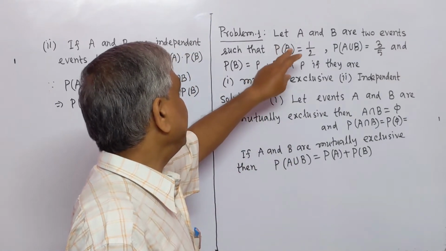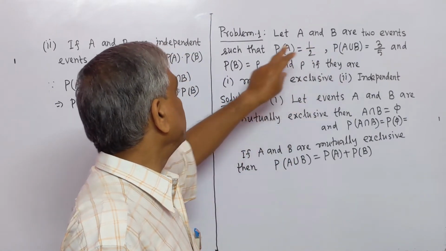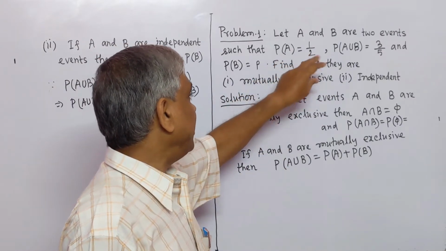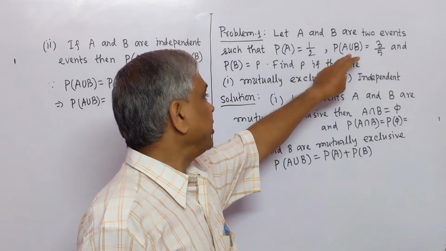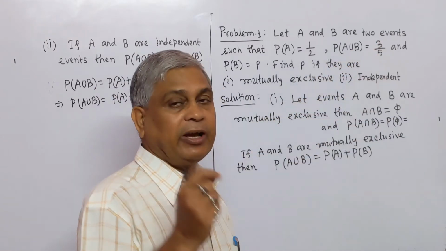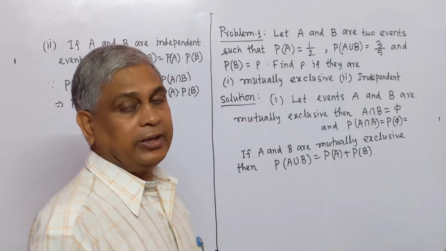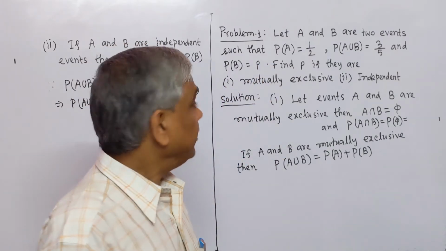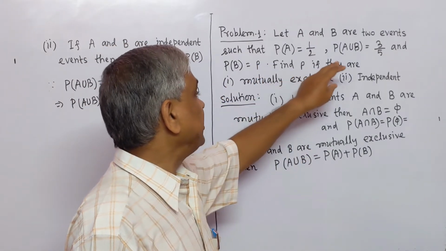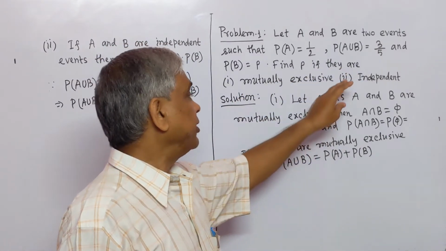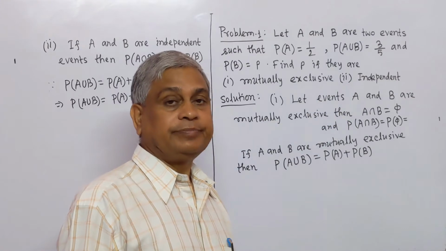Let A and B be two events such that probability of A equals half, probability of A union B equals 3 by 5, and probability of B is small p. Find small p if they are, number 1, mutually exclusive, number 2, independent.